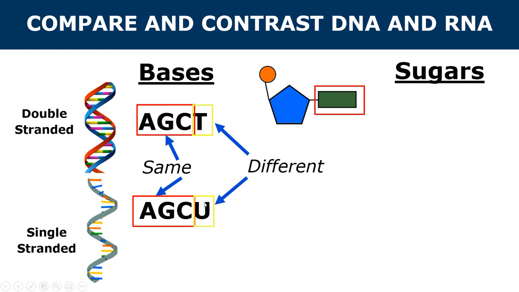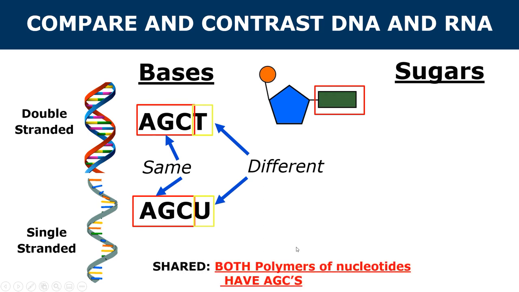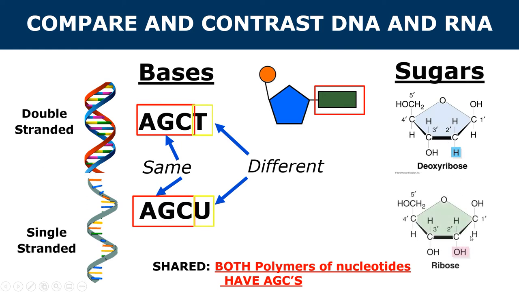So the bases are one difference here, so is the structure. The other has to do with the sugars. So DNA stands for deoxyribose. And so if you've been with the DP program for a while, we have been drawing the ribose, the pizza man, for kind of a while. We know that it has its 2 feet, its 2 arms in the pizza.